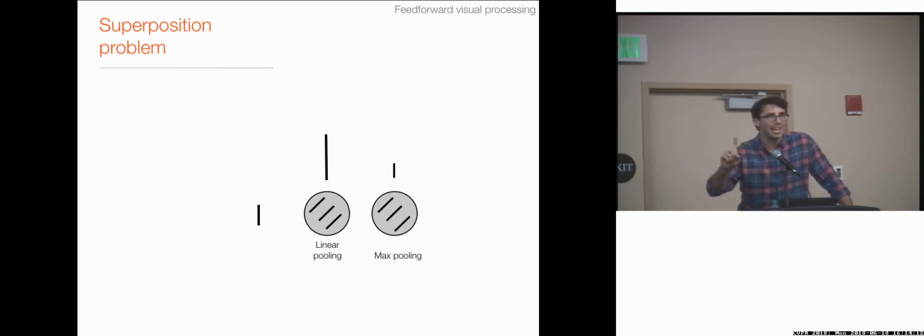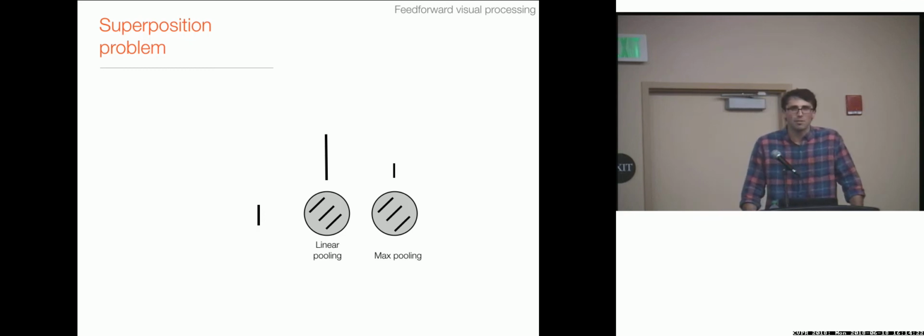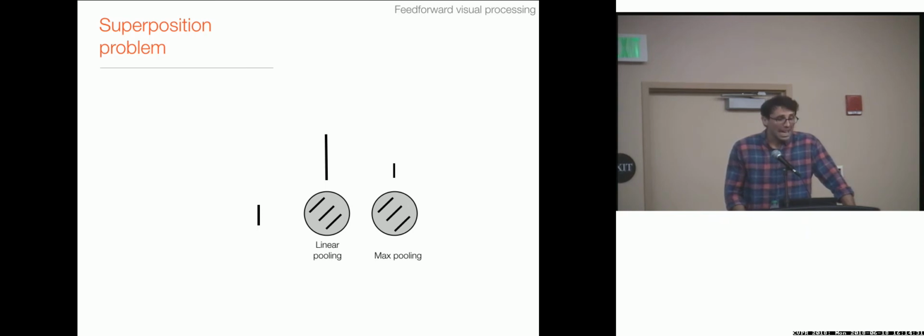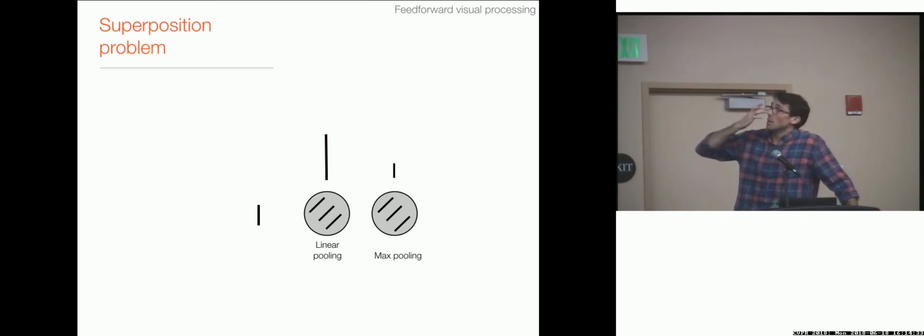As an aside, the reason why max pooling has been touted so much in visual neuroscience is because people are looking for max pooling in visual neuroscience. I think if people were looking for other forms of pooling functions in visual cortex, they would probably find those as well. And the reason why max pooling is really nice is because it allows us to overcome this superposition problem.